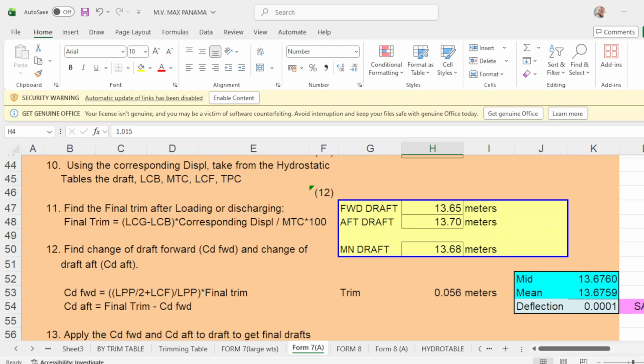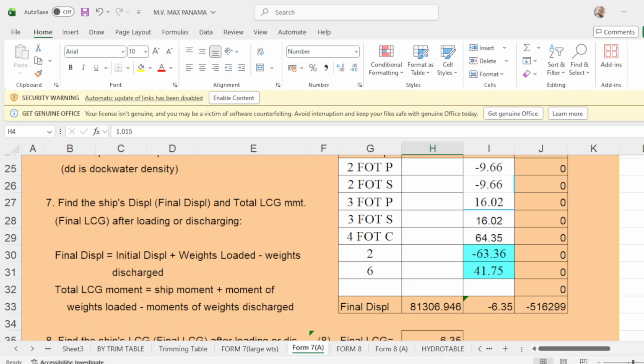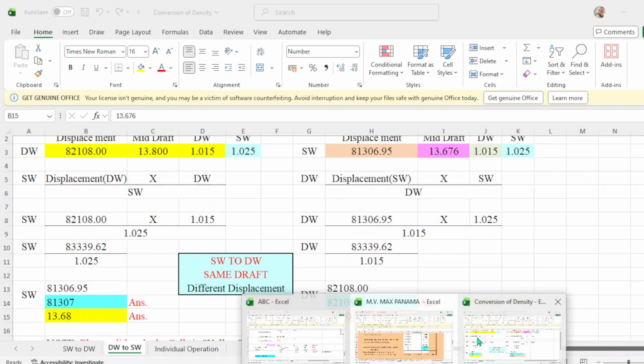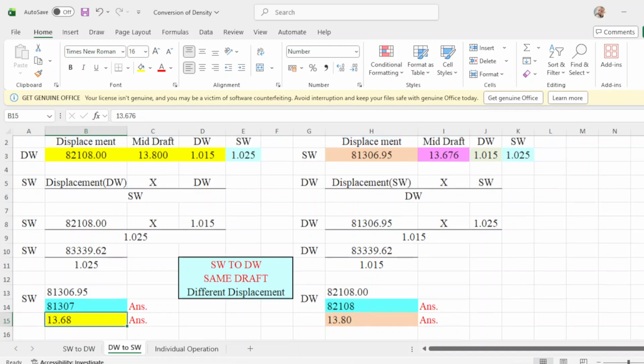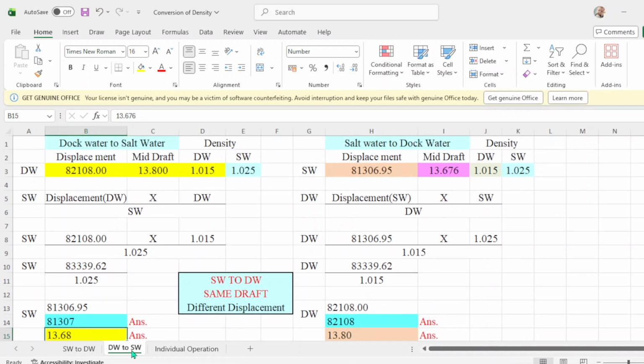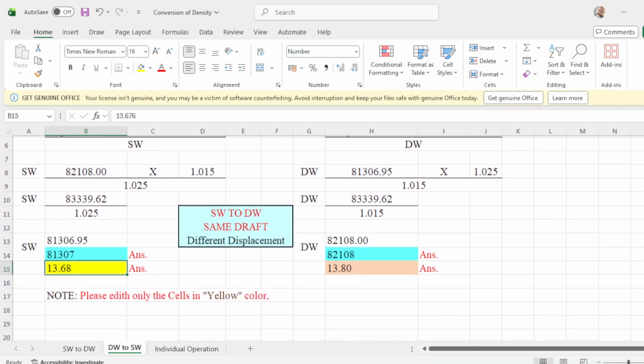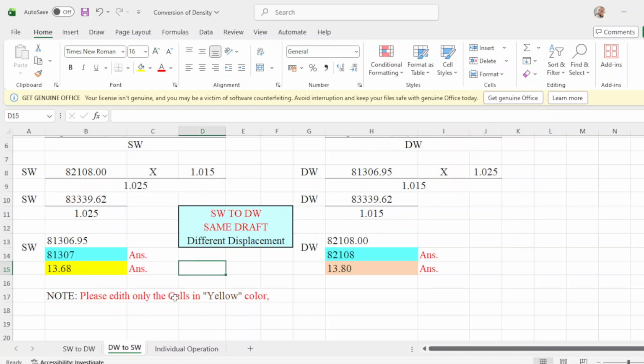With this formula, it is the same with this conversion from dark water to salt water. This is this one. Okay, but here you only have to get your displacement and main drop. This is your main drop.